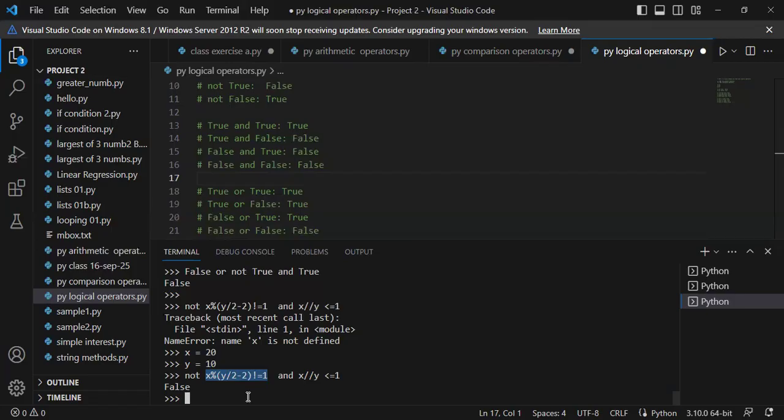Yeah, because 2 is not equal to 1. That's what is here. Do you get what I'm saying?